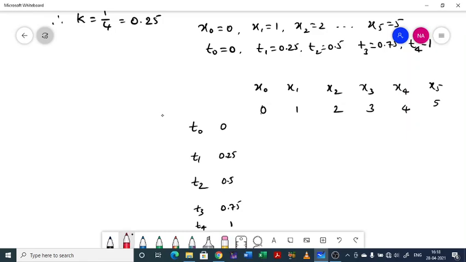So obviously u 0, 0, u 1, 0. Okay, sorry, the x values come first, t value is fixed. u 2, 0, u 3, 0, u 4, 0, u 5, 0. And don't write 0.25, it is u 0, 1, u 0, 2, u 0, 3, u 0, 4.